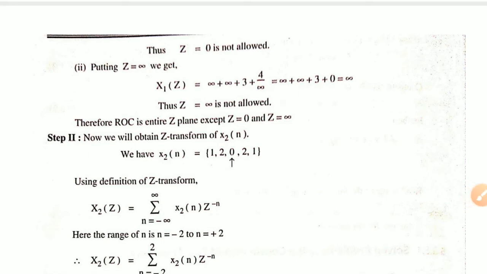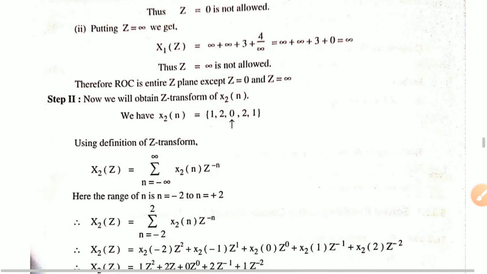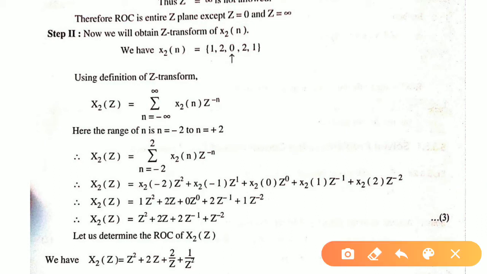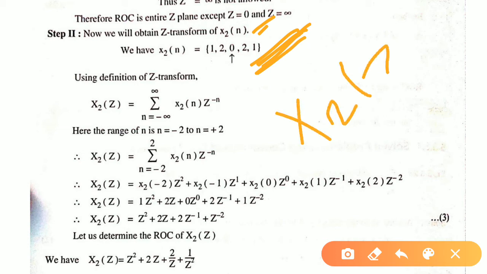Up till now we have solved the first step of this problem. Then we have to find out X2 of z, and this X2 of z is nothing but the z transform of our second sequence, which is given in this question. This is x2 of n, and we have to find the z transform of x2 of n, which is nothing but X2 of z.